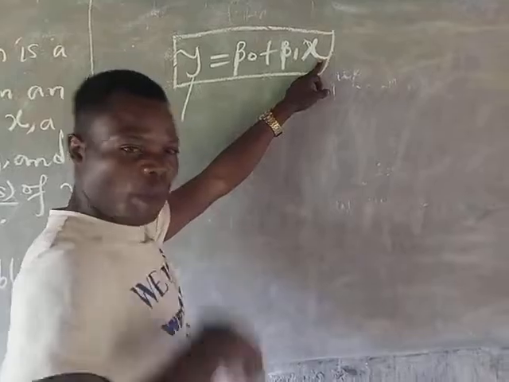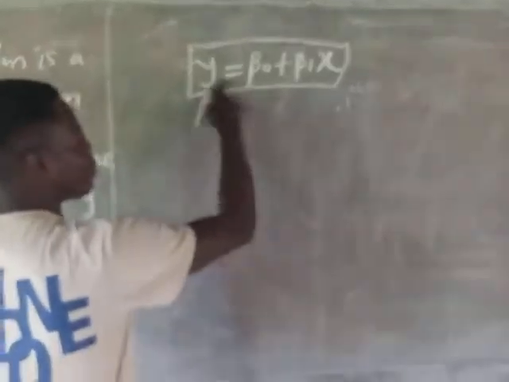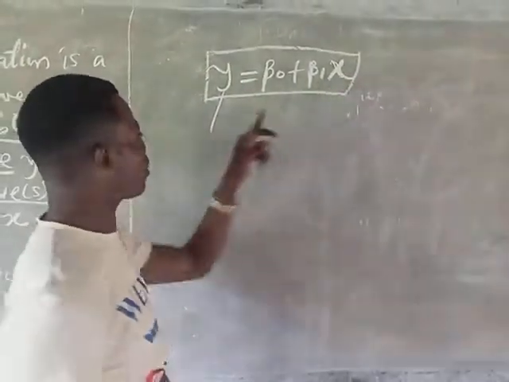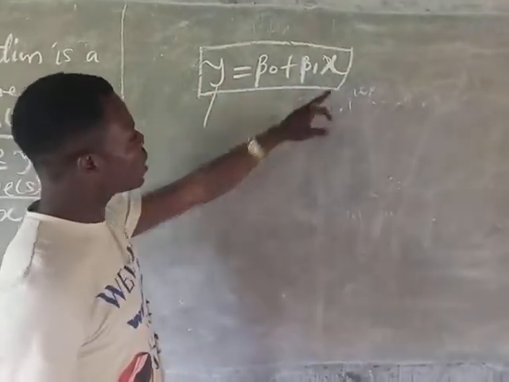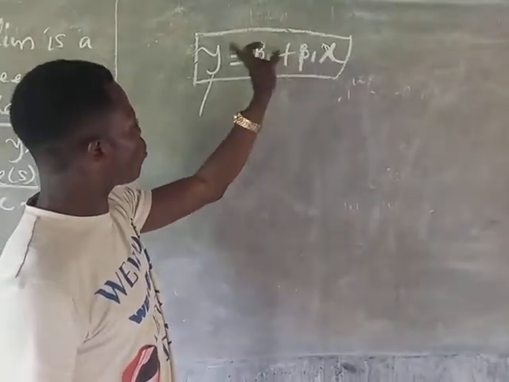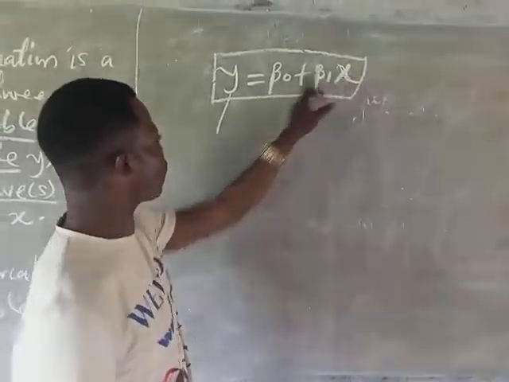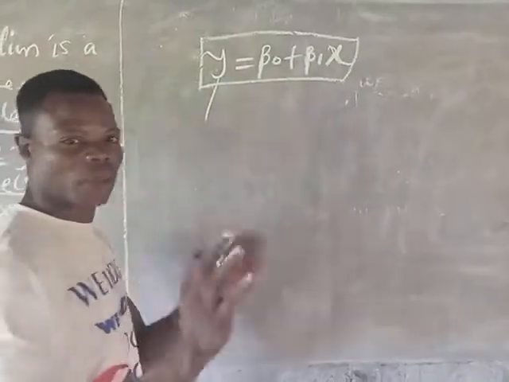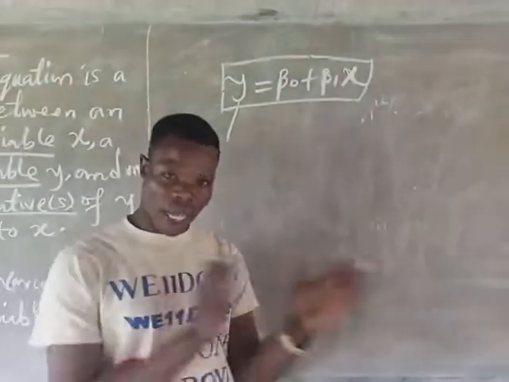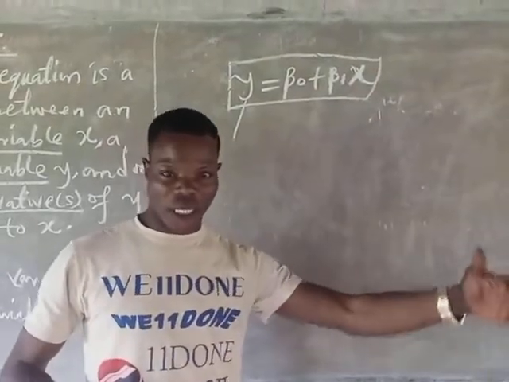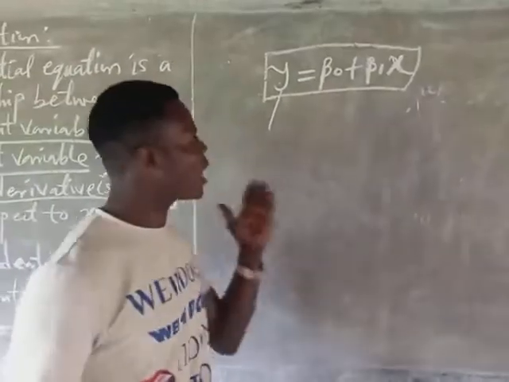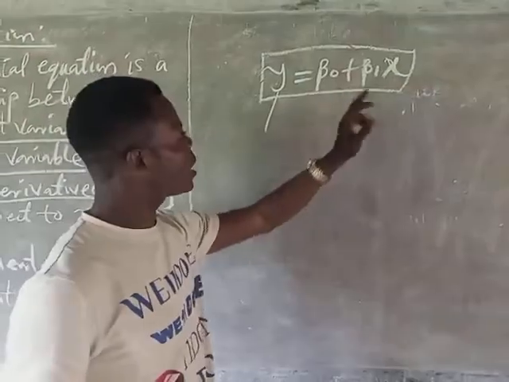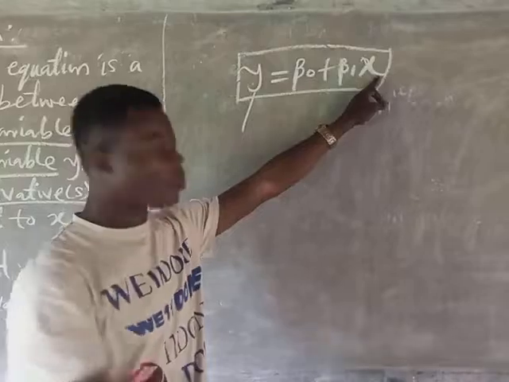But in this type of equation, y depends on x. Y is dependent and x is independent. When we say y depends on x, we are trying to say that without x, we cannot have y, but without y, we can have x. Therefore, y depends on x. It's just as when we say income and expenditure. Without income, there is nothing like expenditure. So expenditure depends on income.